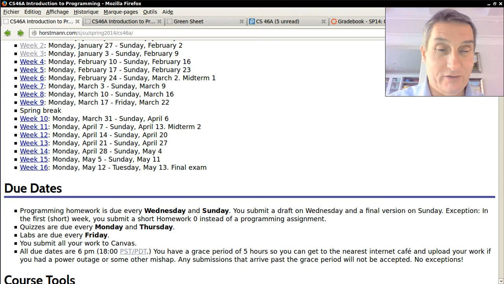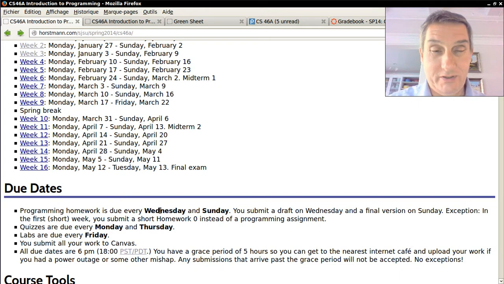And the draft is really a great thing because it makes you think about what the heck the homework's asking you to do. You get to try a simple part of it, and what routinely happens on Thursday is there's going to be lots of questions on Piazza where people say, well, what is that homework all about?